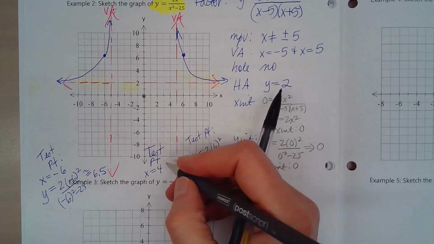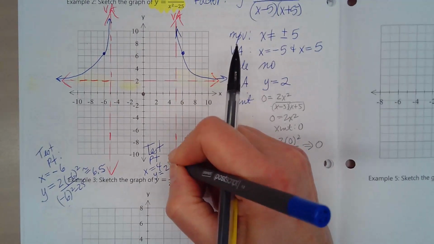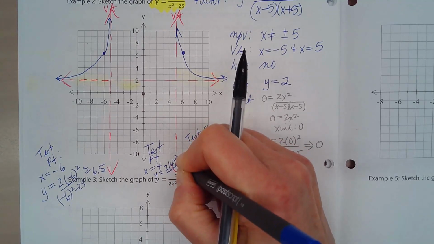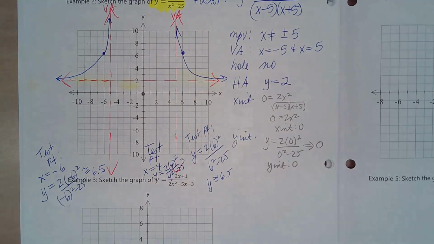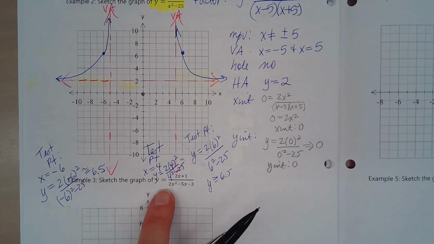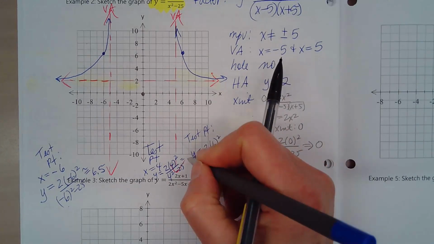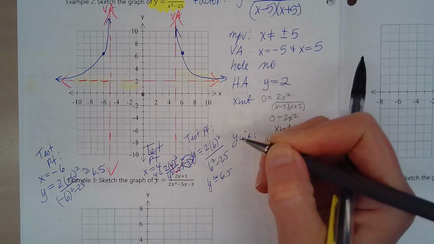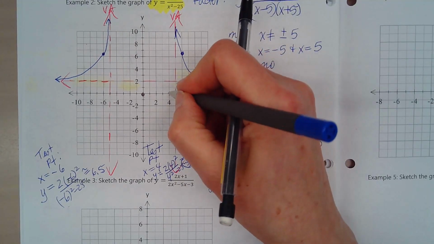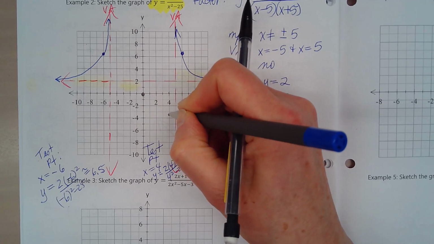And in this case, 4 and negative 4 will be the same value. So let's see. Y will equal 2 times 4 squared over 4 squared minus 25. So that's going to be 32 divided by negative 9, I think. Negative 3.5. Okay. So when x is 4, y is negative 3.5, okay?